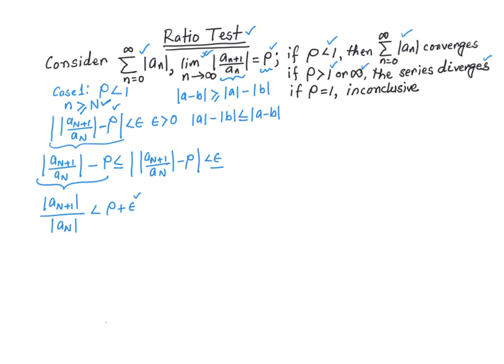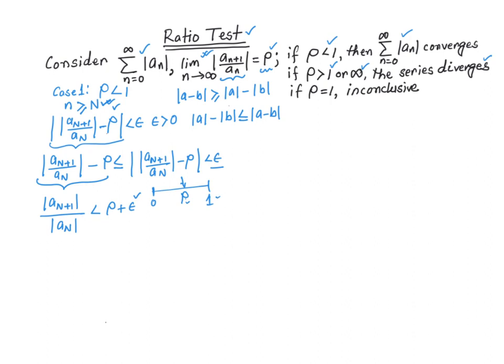So let me try to explain what I mean. Let's say this is my 0 and this is my 1. My rho could be anywhere between 0 and 1. It really doesn't matter. So let's say this is where my rho is. That means I could make my epsilon such that it falls between rho and 1. And that is possible by adjusting this N. If the N is large enough, the epsilon is going to be smaller and smaller. In that case, it is bound to be between rho and 1.